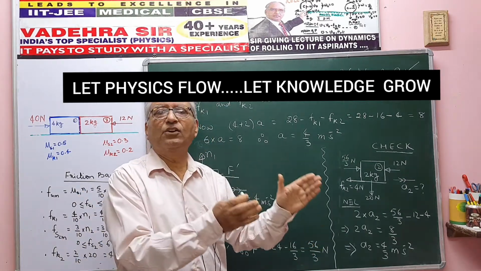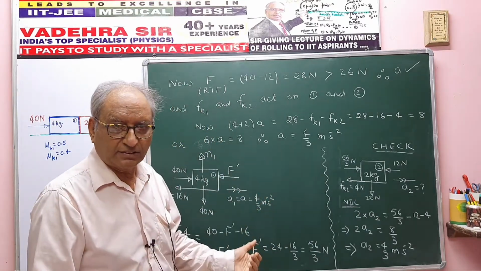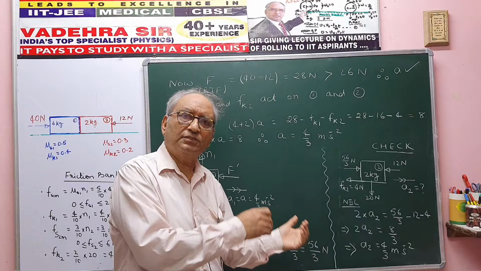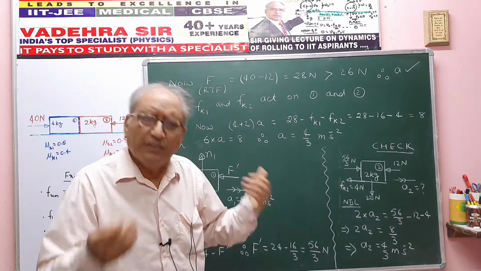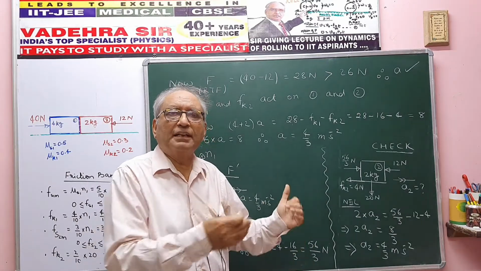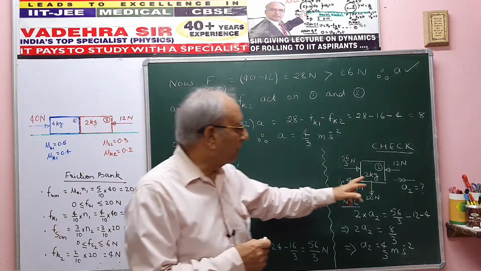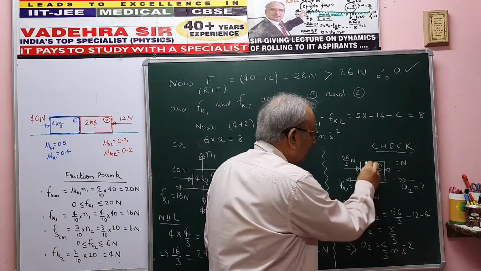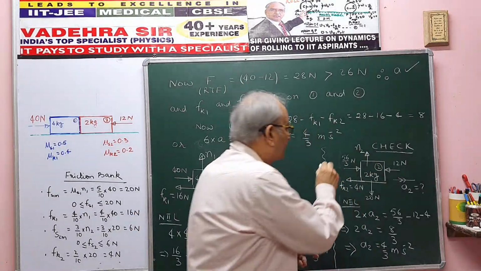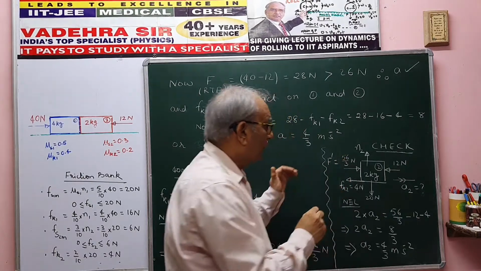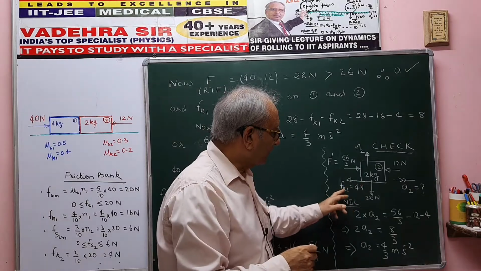So let's draw the FBD on block number 2 and see whether we have done everything correct. I'll assume F dash as 56 by 3, and let us say we don't know a2. A2 should come out to be 4 by 3. On block 2, gravity force 20 Newton down, N2 up, F dash, 56 by 3, to the right, 12 Newton is already acting, and to the left, friction is 4 Newton.